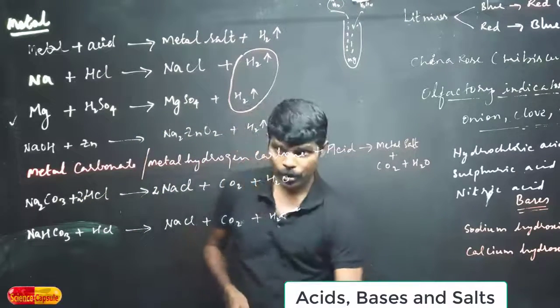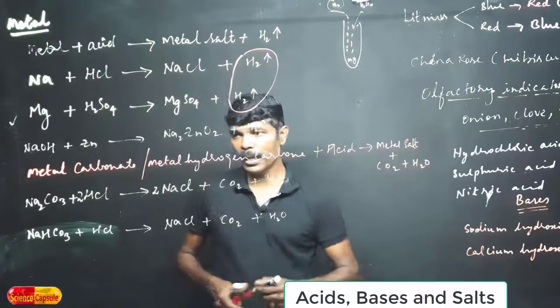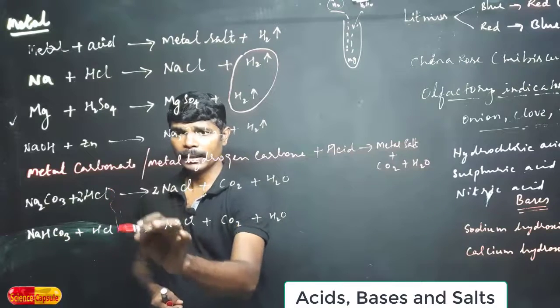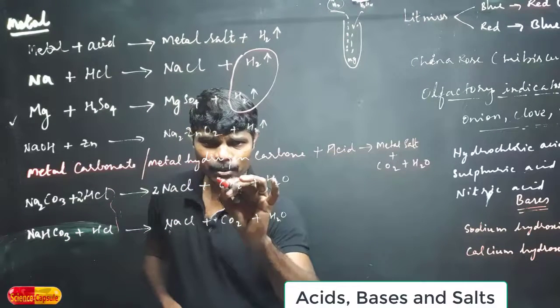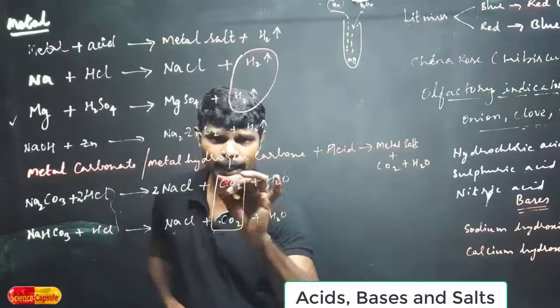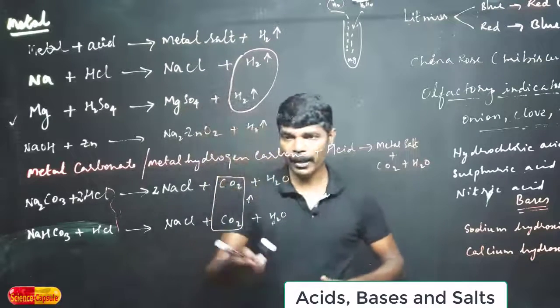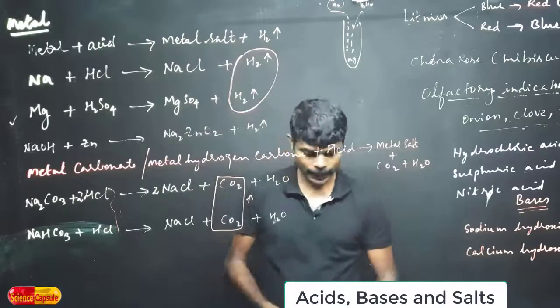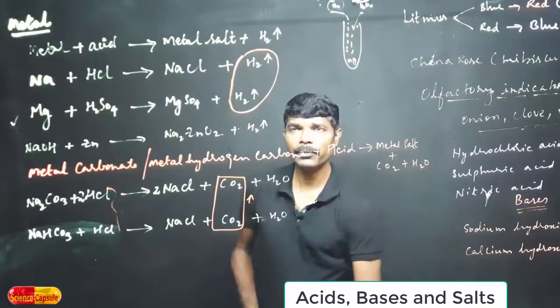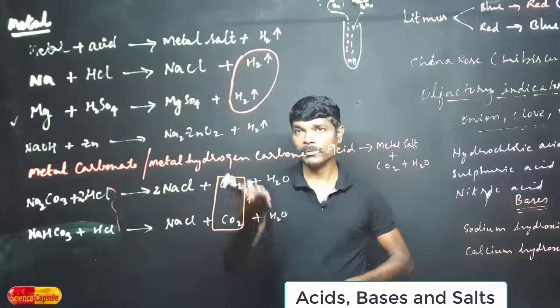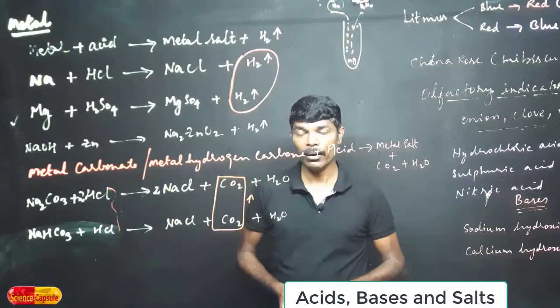In both reactions, whether metal carbonate or metal hydrogen carbonate, acid is the common thing, and carbon dioxide gas is evolved. How can we prove the evolution of carbon dioxide gas in this case? In the earlier case, hydrogen gas was evolved, and by using a burning matchstick we confirmed the existence of hydrogen gas.